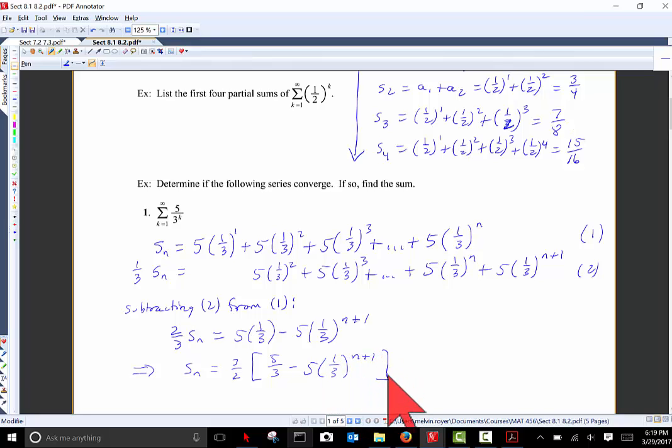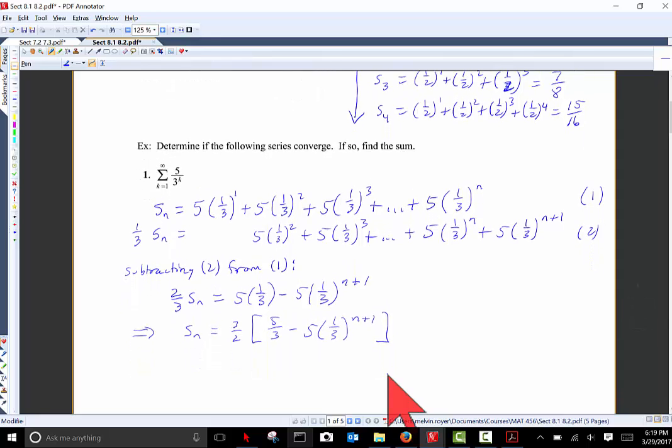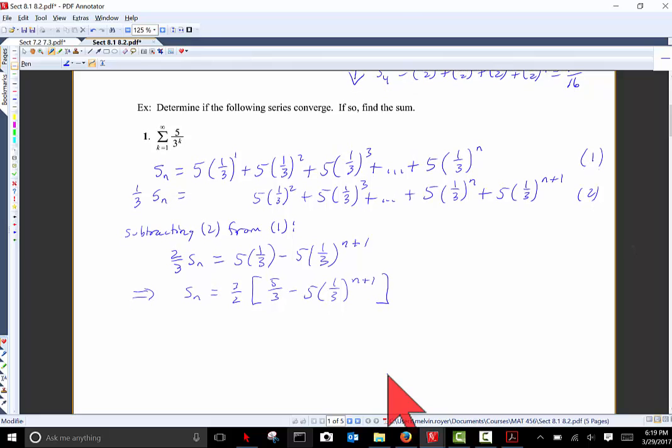Okay, and the question is still, as it always has been, what happens to this term as n goes to infinity? But now it's easy. The only n in the expression is here, and it's an exponent of a real number which is between 0 and 1. So as n goes to infinity, this term decays to 0.